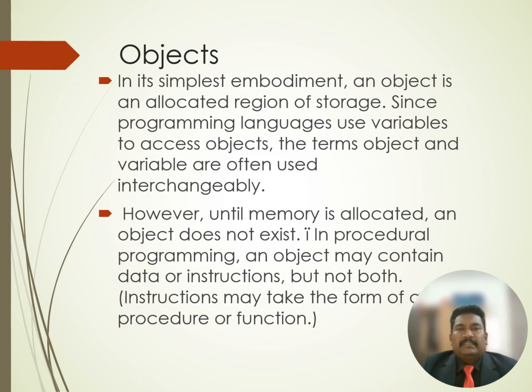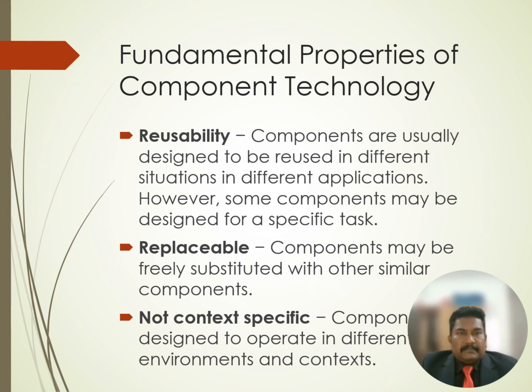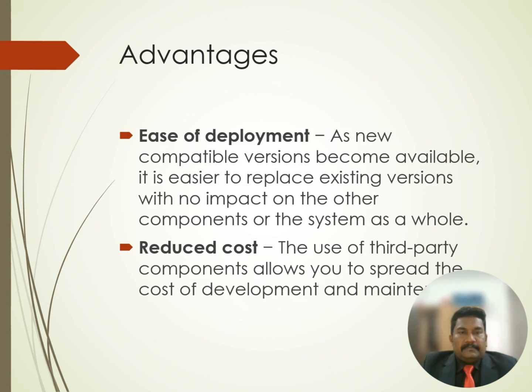The fundamental properties of components, the basic properties for the component based model, are reusability, replaceability, and context specificity. These are the key properties of the component based model in middleware technology.